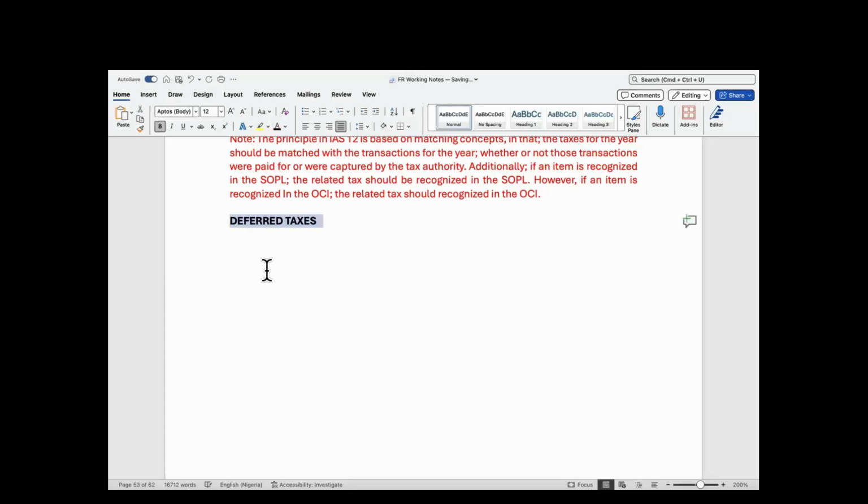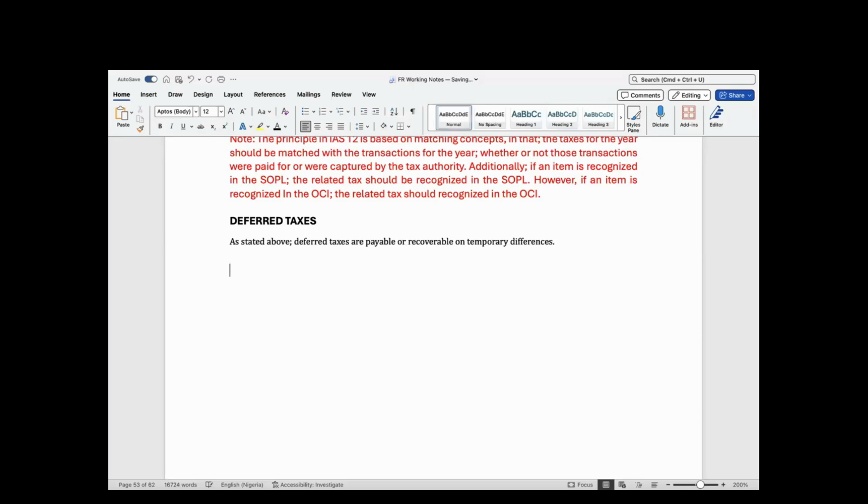So now, you know that I've already explained to you what deferred taxes are. I stated above that deferred taxes are payable or recoverable on temporary differences.